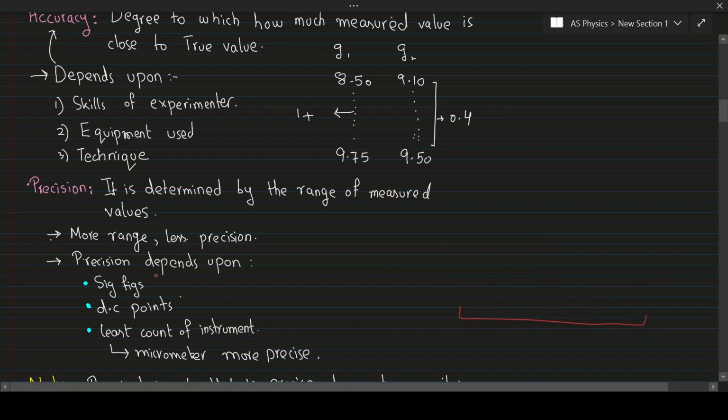So similarly, precision also depends upon multiple factors like significant figure, decimal points, and least count of instrument, that is micrometer. If we choose micrometer, that would give you a more precise answer. So precision depends on these 3 things.